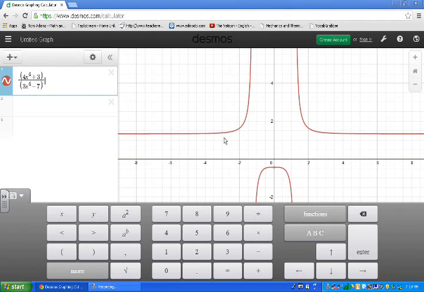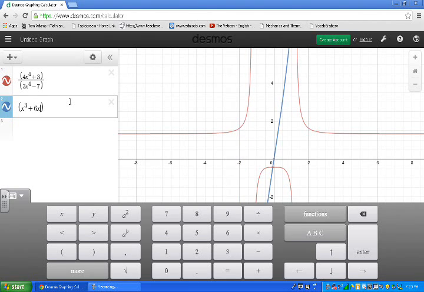In other words, as x increases on the top, it also increases the same amount on the bottom. The plus or minus numbers at the end don't matter, because we really want to focus on the highest degree within the numerator and the highest degree within the denominator. And if those two degrees are equal, then the numerator and the denominator are going to grow at the same rate, and it'll never cross that horizontal asymptote.